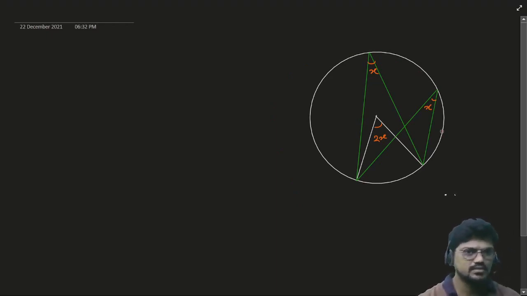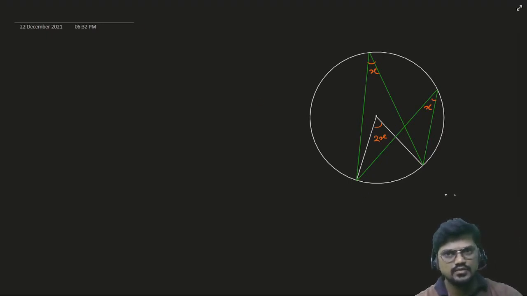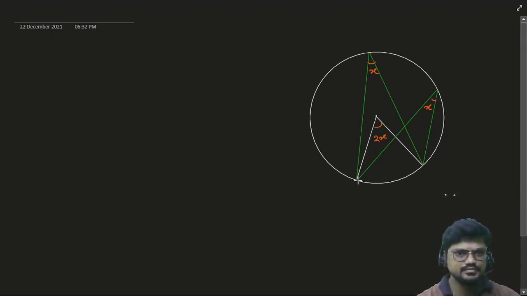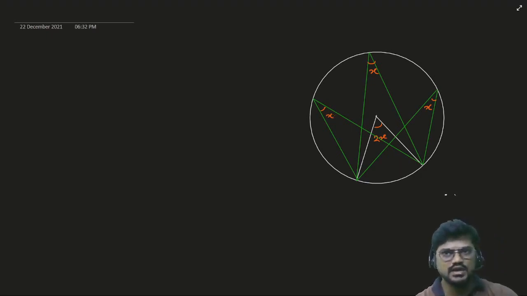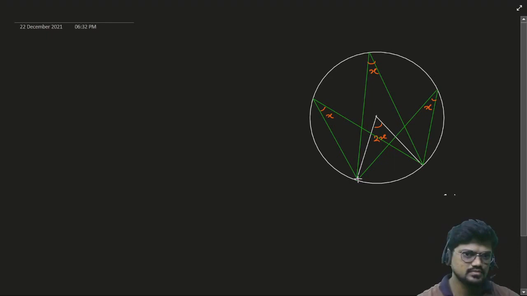Even if I draw a line over here, all these angles will be the same. This angle will also be x. Okay, but not this angle. You cannot say this angle is equal to x. This angle will not be x.